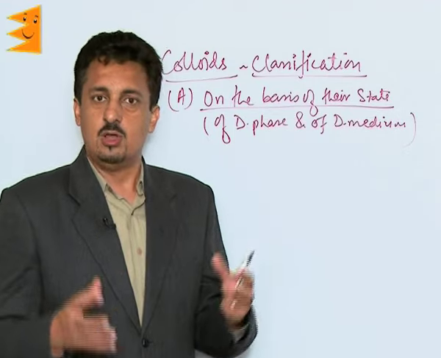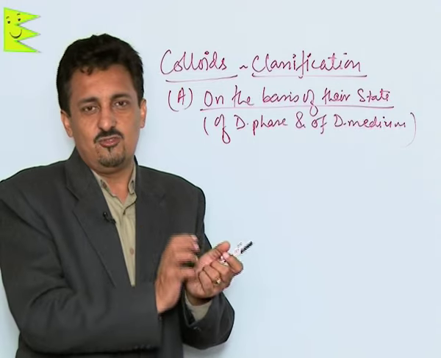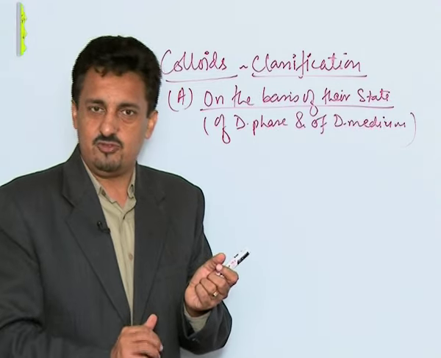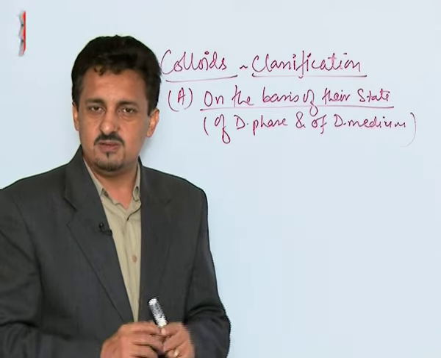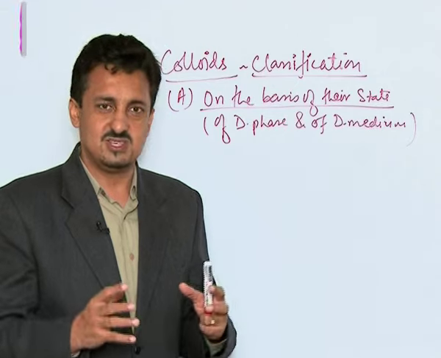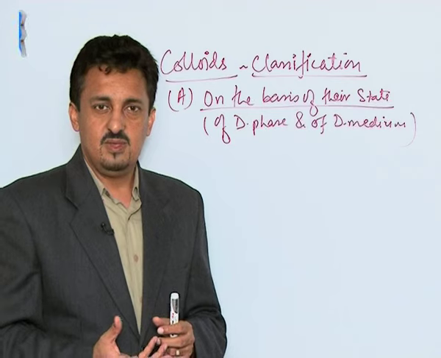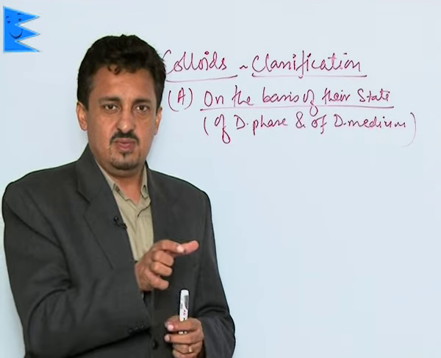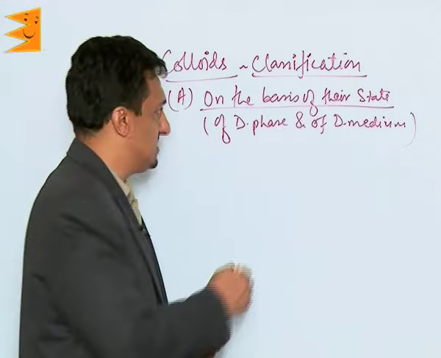They are called macromolecules, in comparison to the particle size in a true solution, and they remain dispersed in the medium called the dispersion medium. So they never settle down, they are always in the dispersed state, and that is why they are called the dispersion phase.